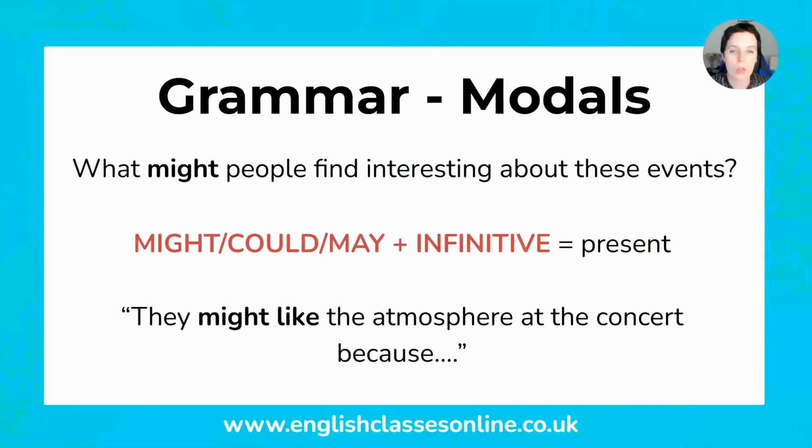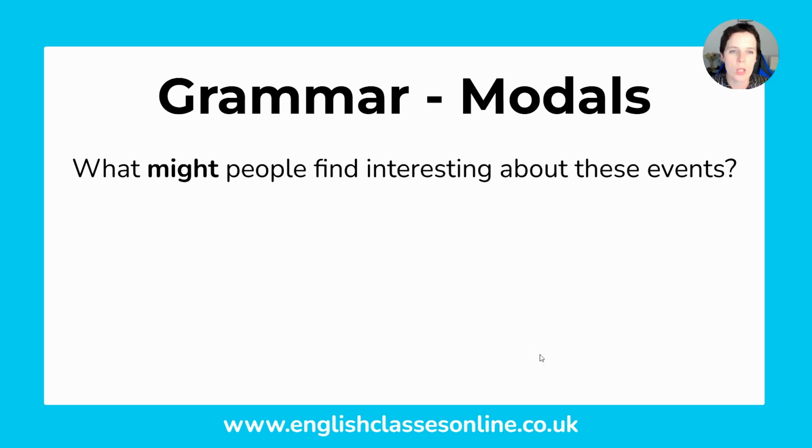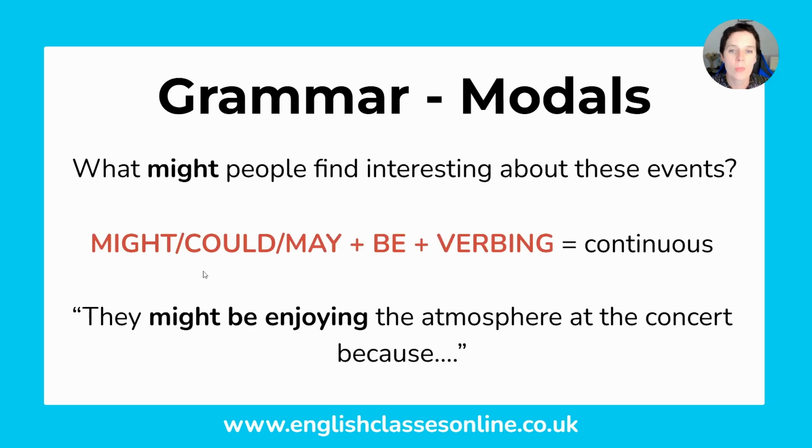So with modal verbs, you can use might, could, or may with an infinitive verb if you're talking about the present, like present simple. So they might like the atmosphere at the concert because XYZ, okay? If you want to use modals in continuous form, you would use might, could, or may with be and verb plus ing.